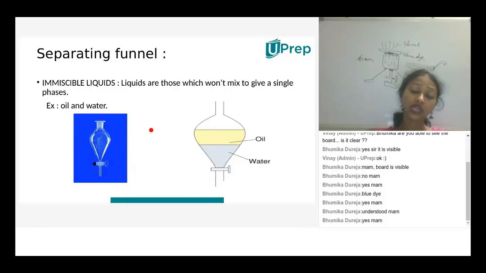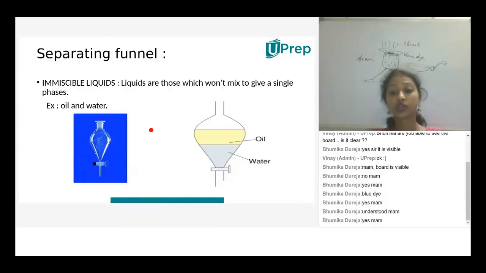When two or three liquids are mixed up and we can easily differentiate the layers or phases, they are considered immiscible liquids. Examples: kerosene and oil, or any oil and water, organic liquids and water. All of this is separated using a separating funnel.